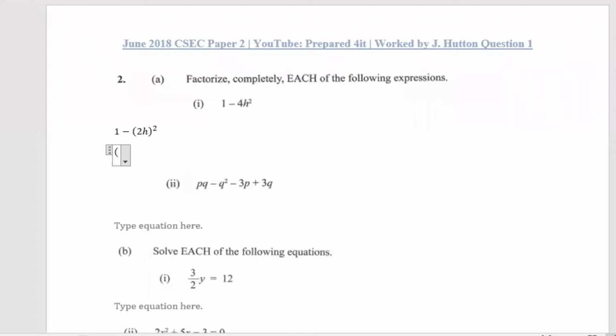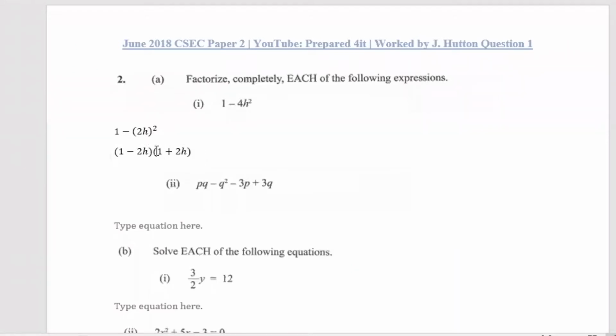So what we'll have is 1 minus 2h in one bracket, and in the other bracket 1 plus 2h. And that is what you're doing whenever you realize that something that you're factorizing will work out to be the difference of 2 squares. So we're looking at this, we know that the only way this could have worked is by finding the difference of 2 squares.